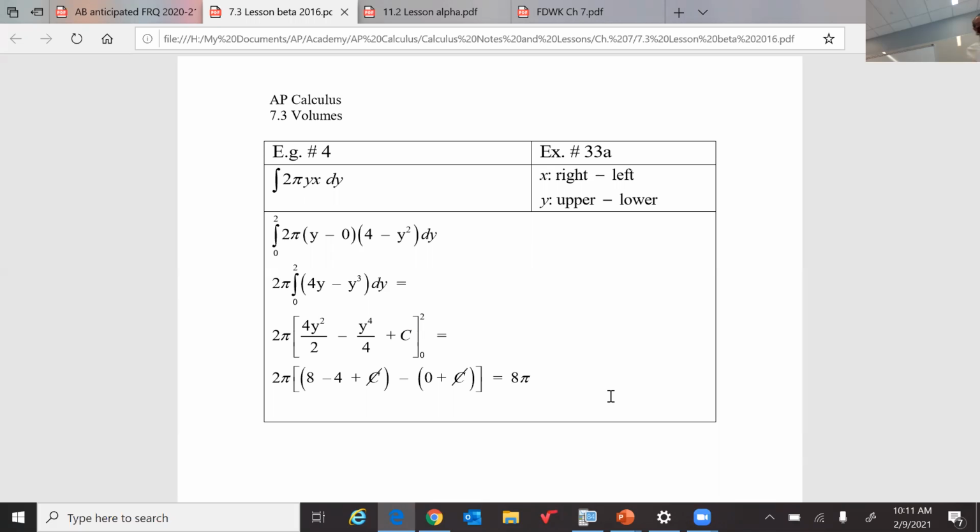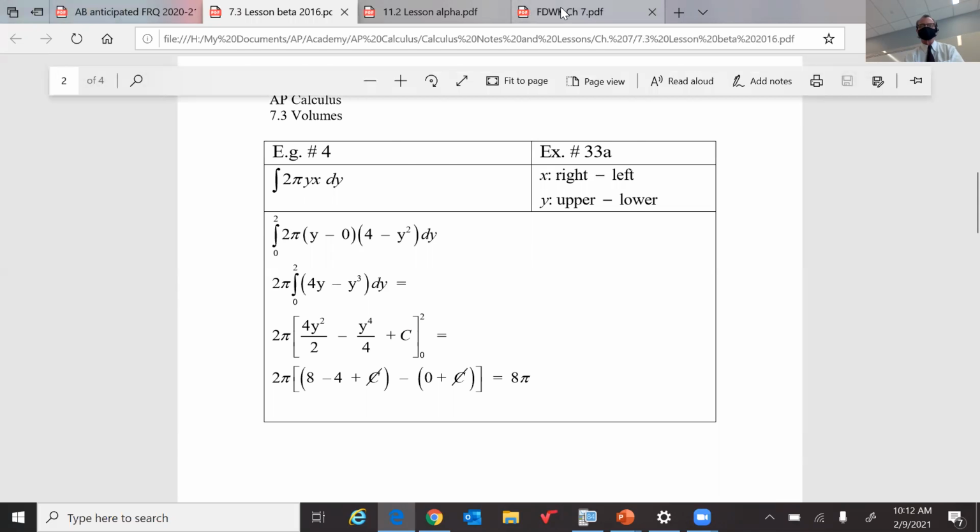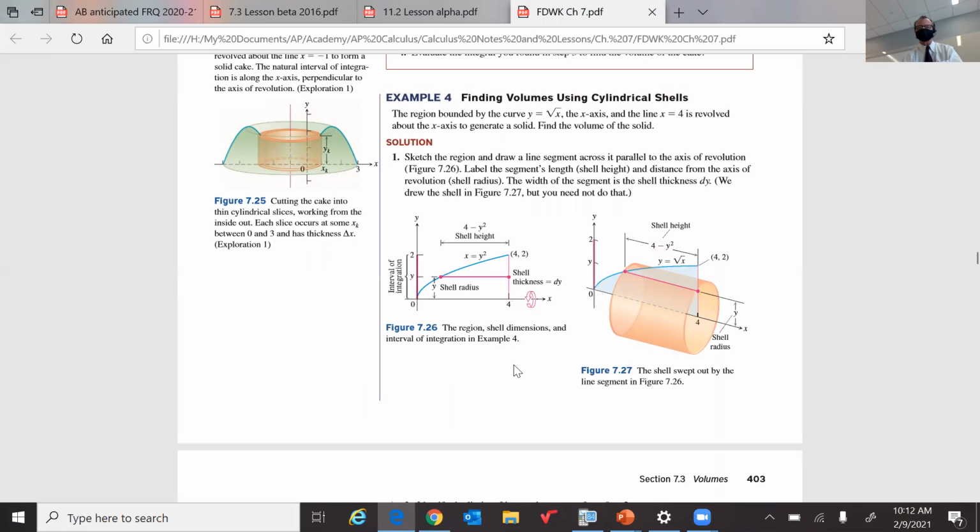The radius of the can is going to be y take away 0. The height of the can is given to be right take away left. It's that red line.